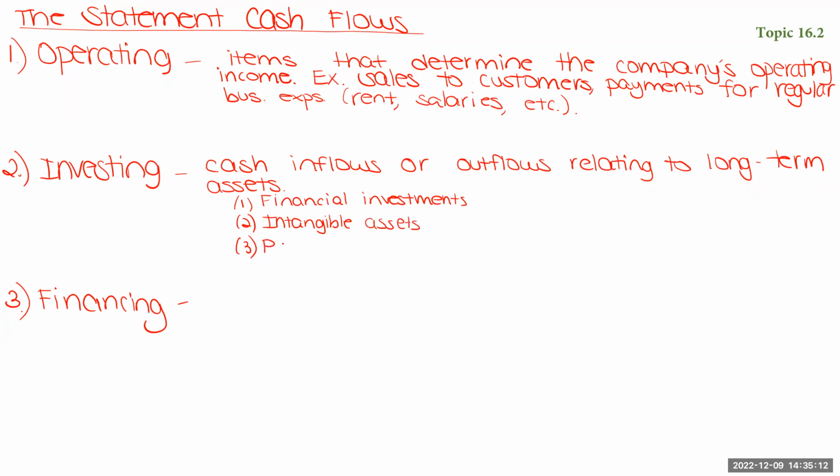And then finally, plant, property, and equipment, which we covered extensively in chapter 11, right? And that's really what we see more in this class, financial investments and tangible assets, that you really deal with more in the later accounting class.